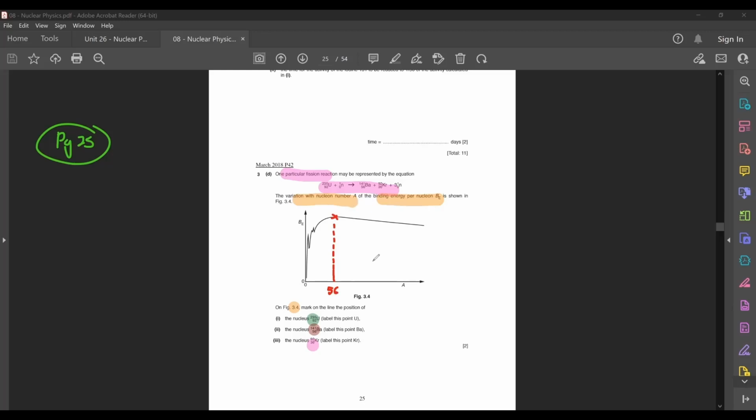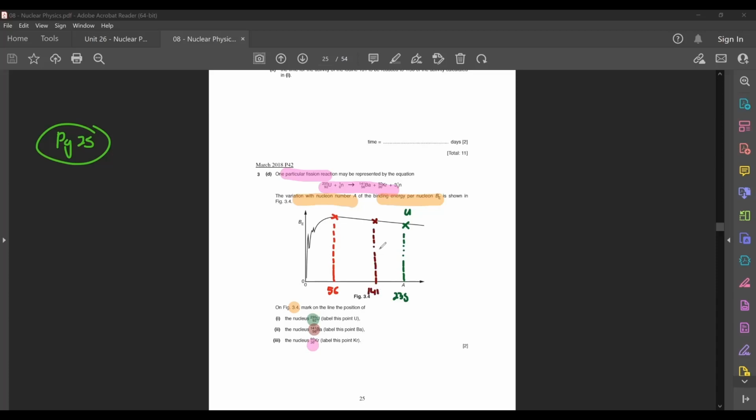So from there, if you're talking about uranium-235, it will probably be around here, where you have 235. Label this as U. Then barium-141 would probably be somewhere around here.